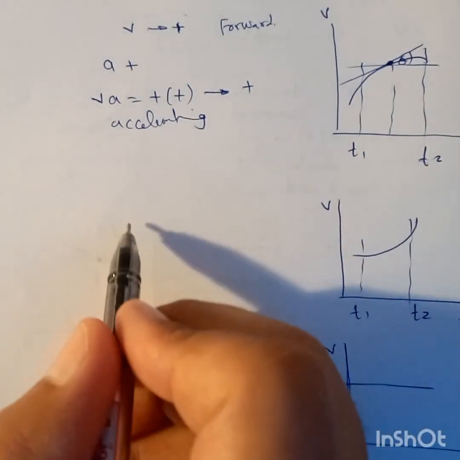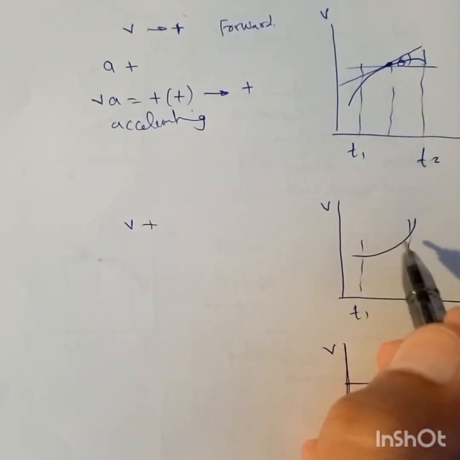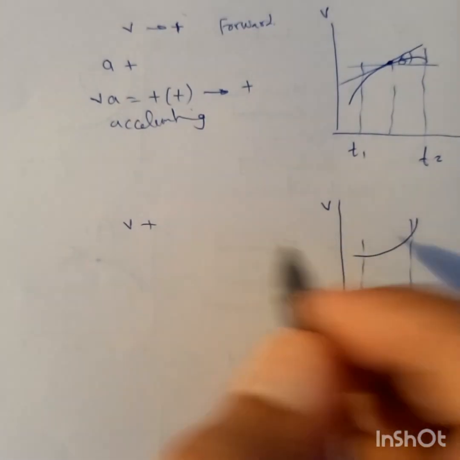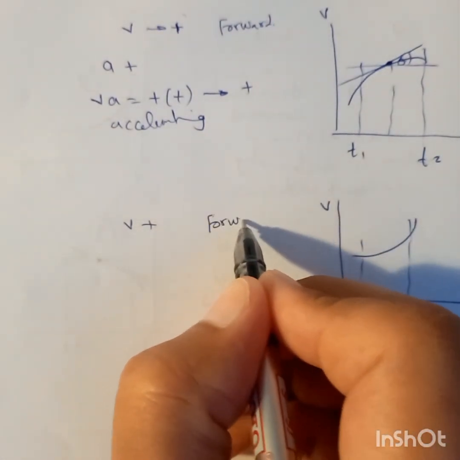We'll apply the same rules here also. Here velocity is positive as the curve is above the x-axis, then the motion is in forward direction.